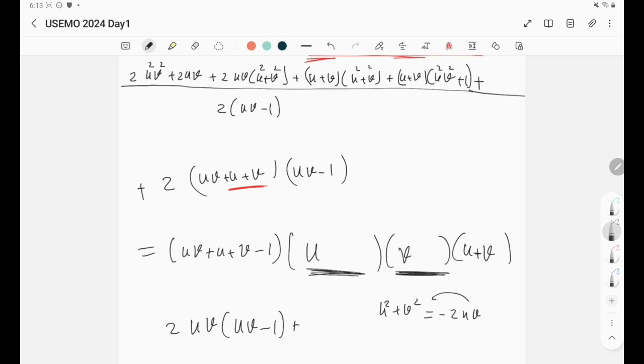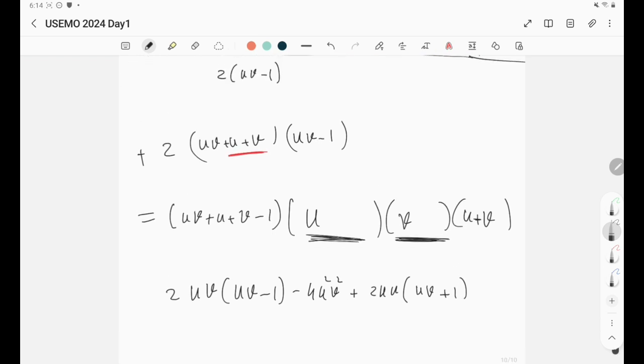Because just move that there. So we can replace this thing with negative uv. So negative 2uv, plus this thing here 2uv, let's take it as a common factor. It's going to be uv plus 1.